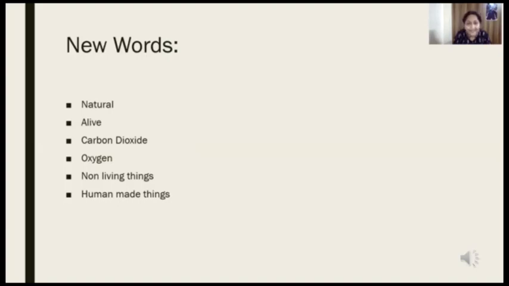Next one, carbon dioxide. C-A-R-B-O-N, carbon, D-I-O-X-I-D-E, carbon dioxide. It is a type of gas. When we breathe out, breathing out, that time we breathe out carbon dioxide gas.